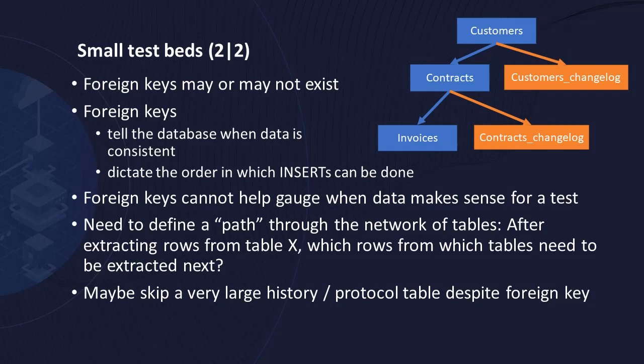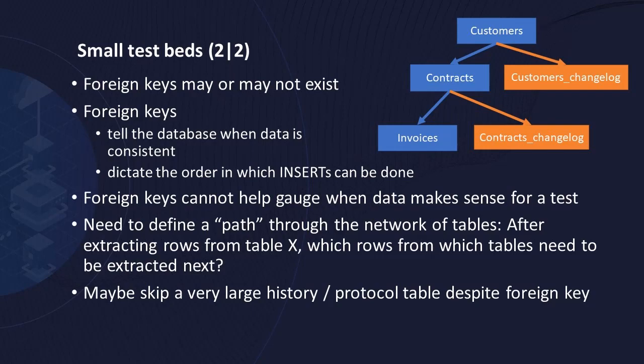Here's an example. In a very simple application, a contract might be represented by a row in the contracts table, and an invoice is represented by a row in the invoices table. An invoice always belongs to a contract, and a contract can result in 0 or any higher number of invoices. So we would model our tables accordingly. Contracts is a parent table of invoices.